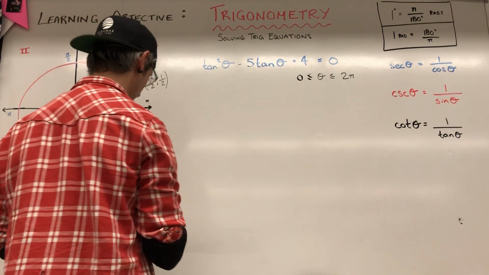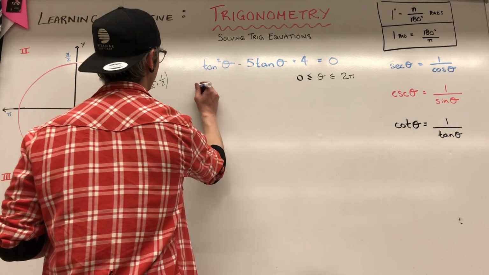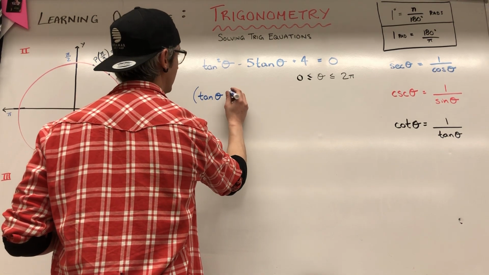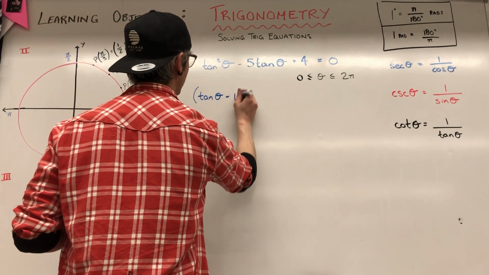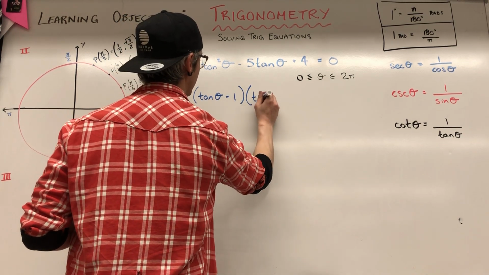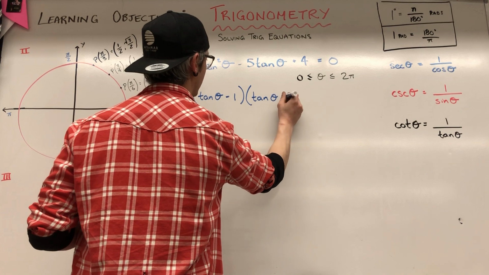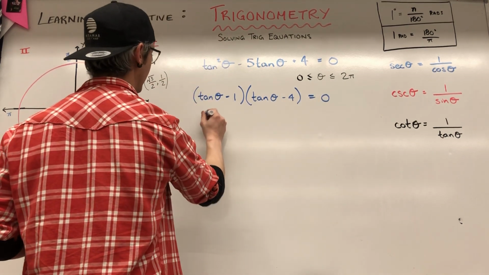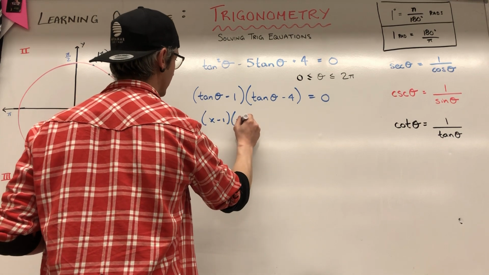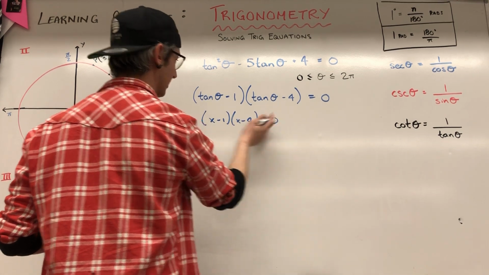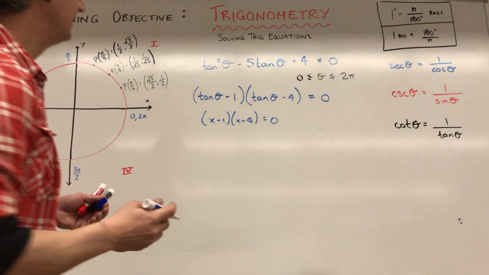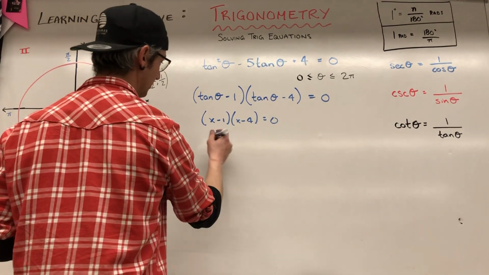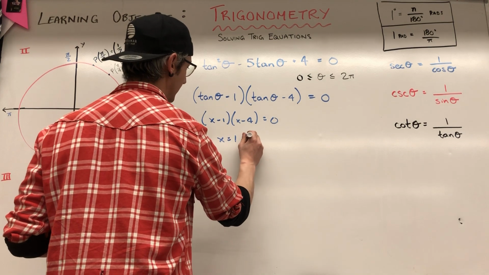It's going to look like this: tan theta minus 1 times tan theta minus 4 is equal to 0. Just like if I were to say x minus 1, x minus 4 equals 0, and I asked you what my roots, my solutions are, it would be x is equal to positive 1 and positive 4.